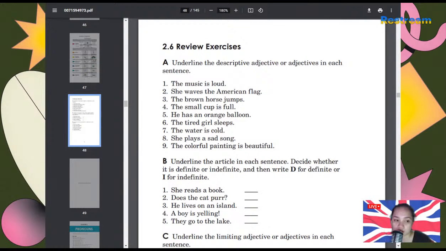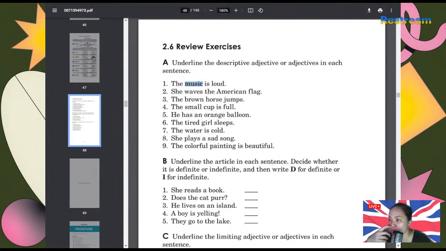Okay, so let's start with number one. The music is loud. In this sentence, what is the adjective? If you remember right, before you identify the adjective, look for the noun. So which one here is the noun? Okay, the noun is music.